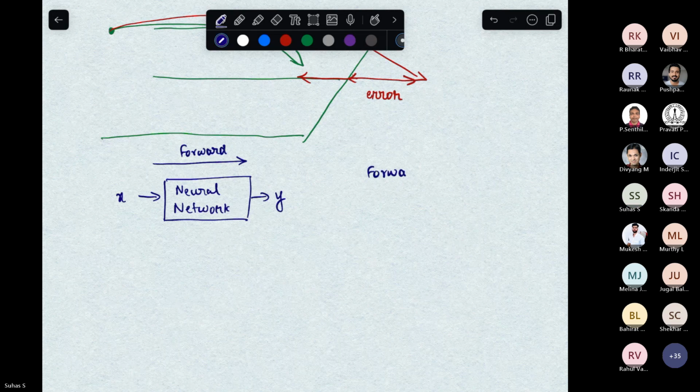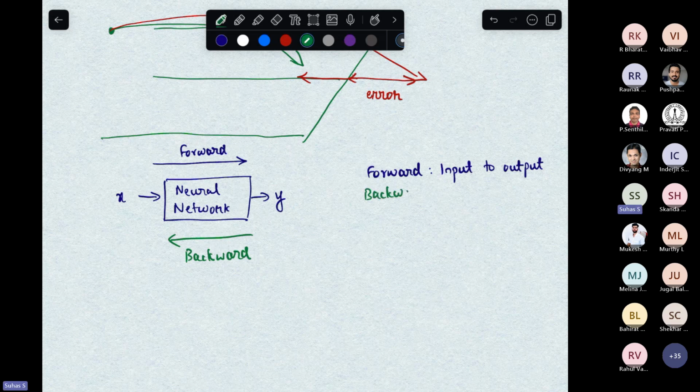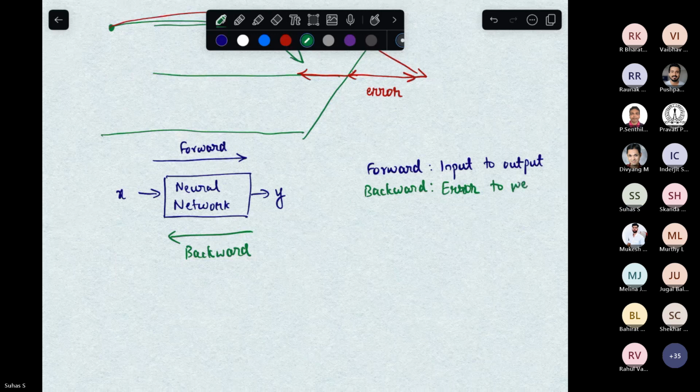So forward is input to output. And we have something known as the backward pass, and the backward pass goes from output, or in most cases the error, to the weights or input.